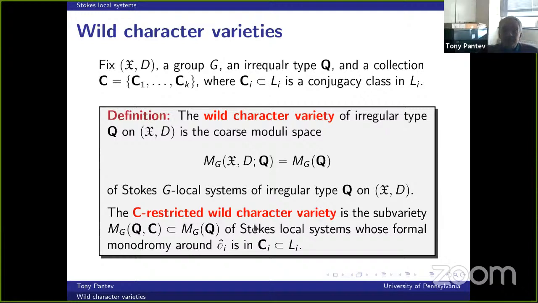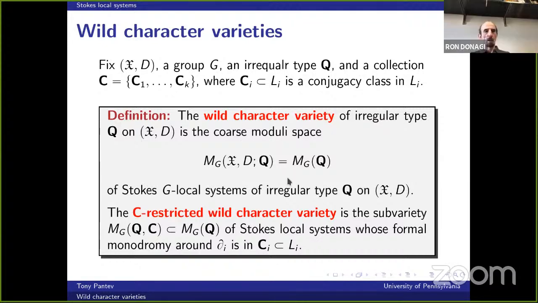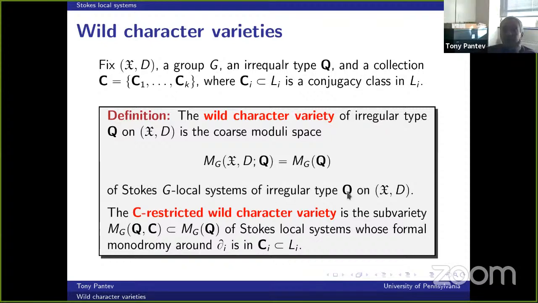So if you fix a compact surface X, a divisor D, a group G, irregular type Q, and a collection of conjugacy classes in these reductive groups Li that are given by the irregular type Q, then the wild character variety of irregular type Q is the coarse moduli space, which I'm going to denote by M_G^Q, of Stokes G local systems of irregular type Q. This is the space I would like to study.